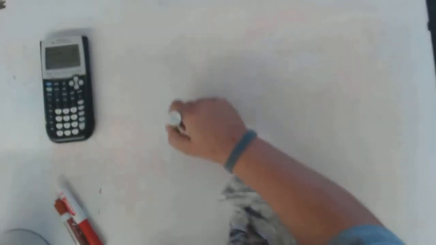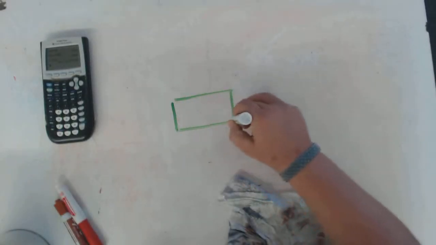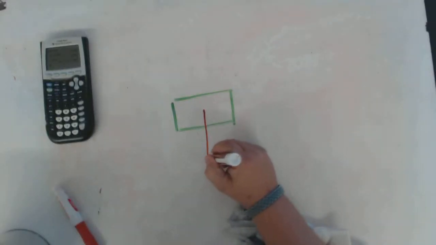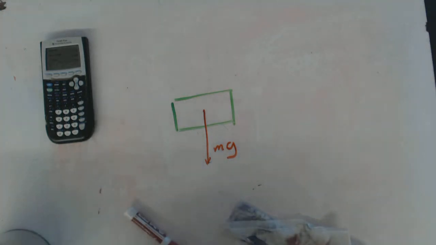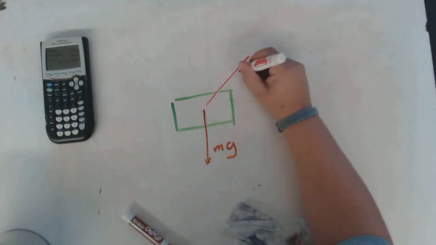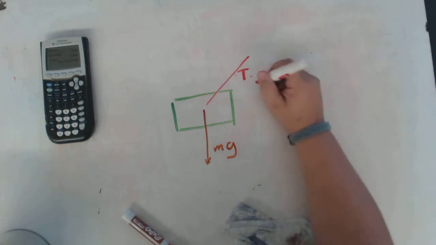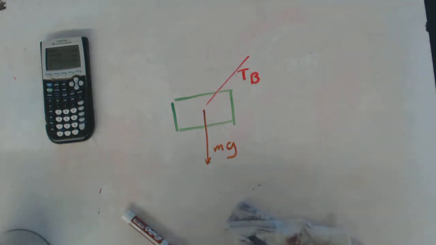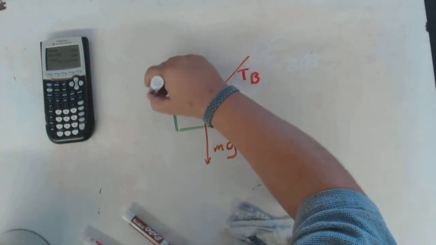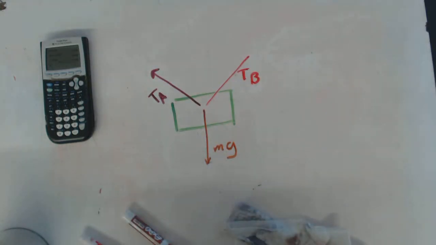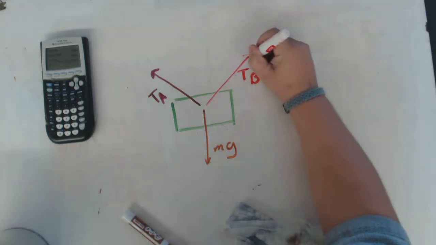Okay, so grabbing my green, here's my picture. The three forces that are acting on my picture are first gravity, which is mg. Okay, I have tension B and tension A. I forgot to put an arrow over there on tension B, so let's put that arrow on there.